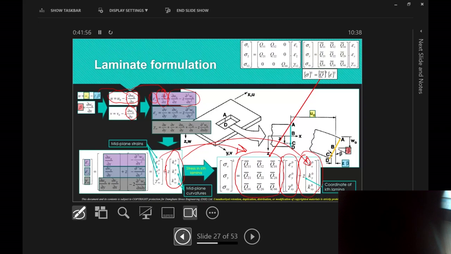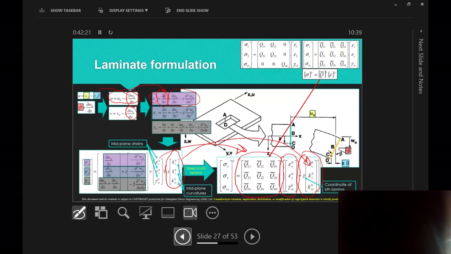So this is my laminate, 3 plies laminate, right? That's the midpoint through the thickness, which is the second ply. So the Z is essentially, let's say this is the third ply, the location of that with respect to the midplane.